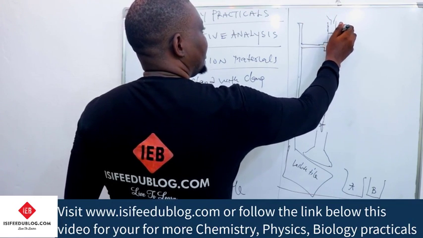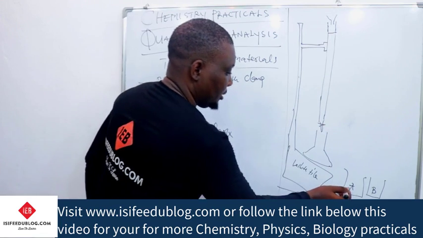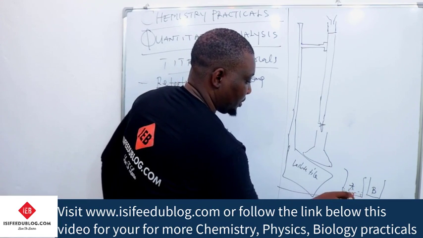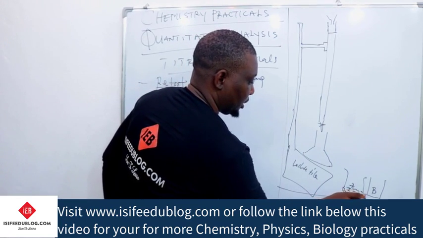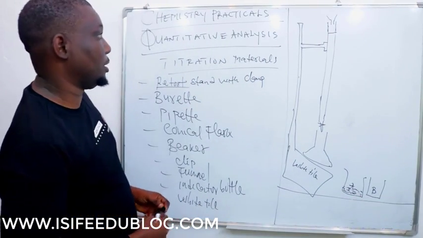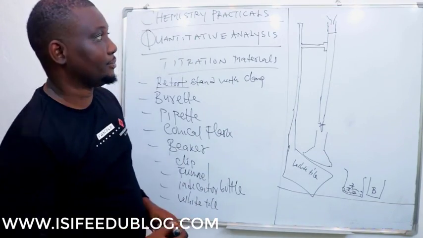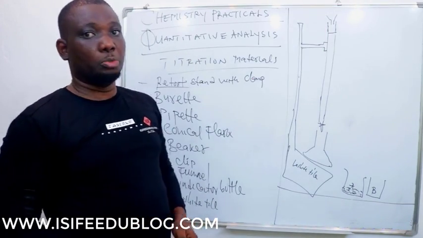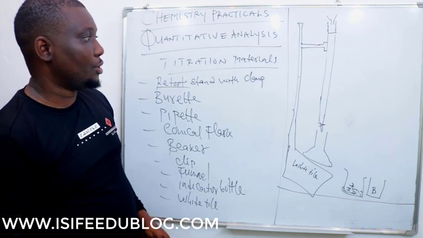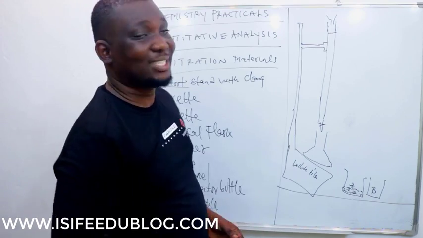Solution A, which contains the acid in most cases, or the oxidizing agent or reducing agent in case the reaction is a redox titration, is poured right here with the use of this delivery tube or funnel gently until you are able to see the meniscus level.